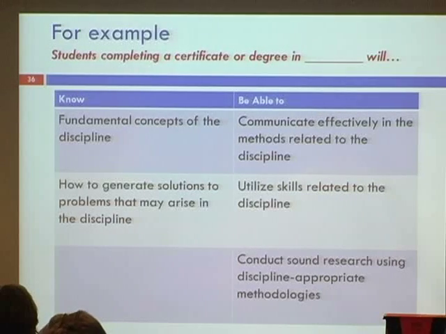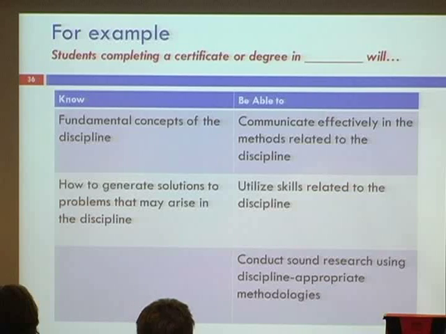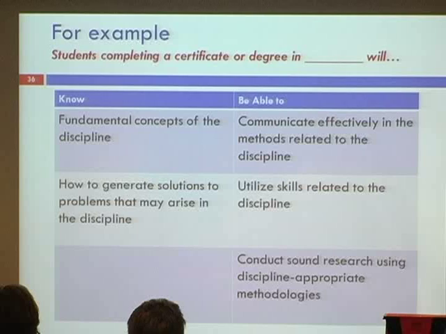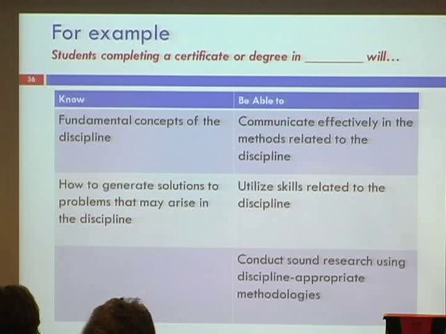So for example, as I read this next sentence in red, I want you to read it to yourself, inserting the name of your discipline in that blank space. Because I'm going to be using the discipline of accounting for the example, but I want you to think about how you would answer this same completion in regard to know and be able to.